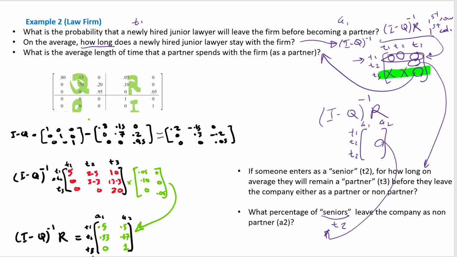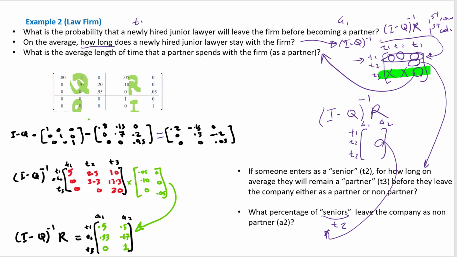For the last question, what percentage of seniors, T2, will leave the company as non-partner, which is smaller than the previous case. If they move higher to senior, it's less likely that they leave as a non-partner, which is 0.33.